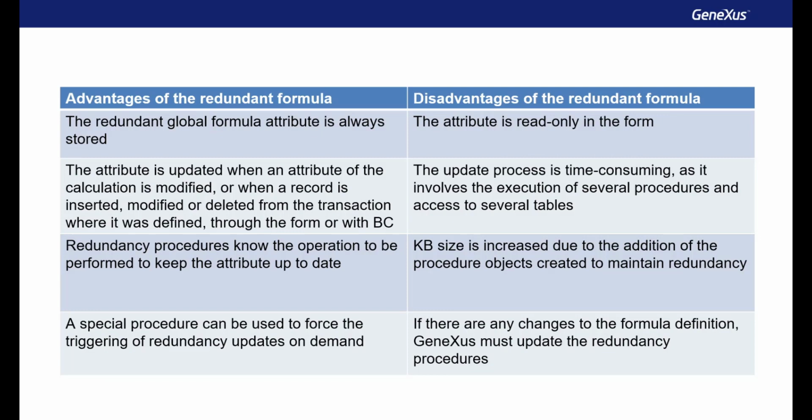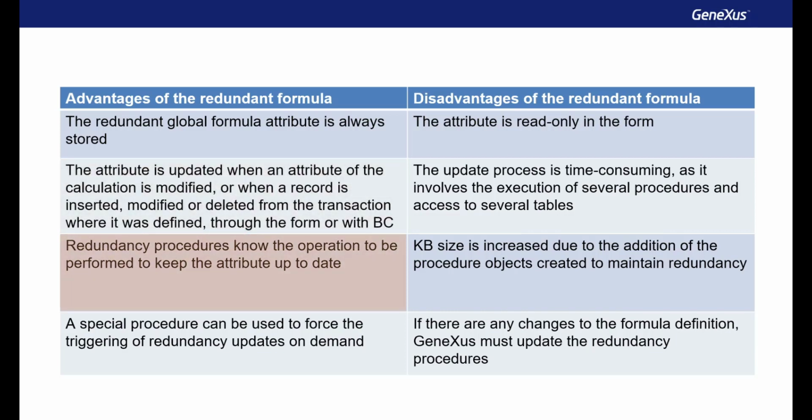Now let's look at the advantages and disadvantages of defining a formula attribute as redundant. The advantages are: the attribute defined as a redundant global formula is always stored. It's updated when any attribute that is part of the calculation is modified, or when a record of the transaction where the formula attribute was defined is inserted, modified, or deleted, either through the form or with business components.